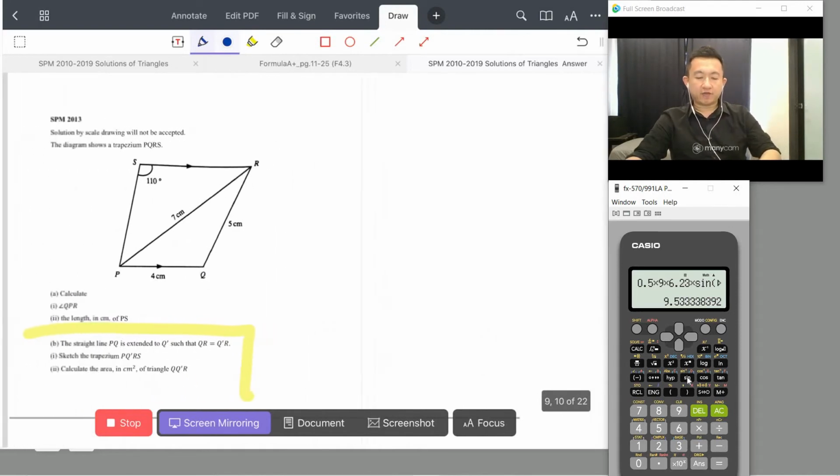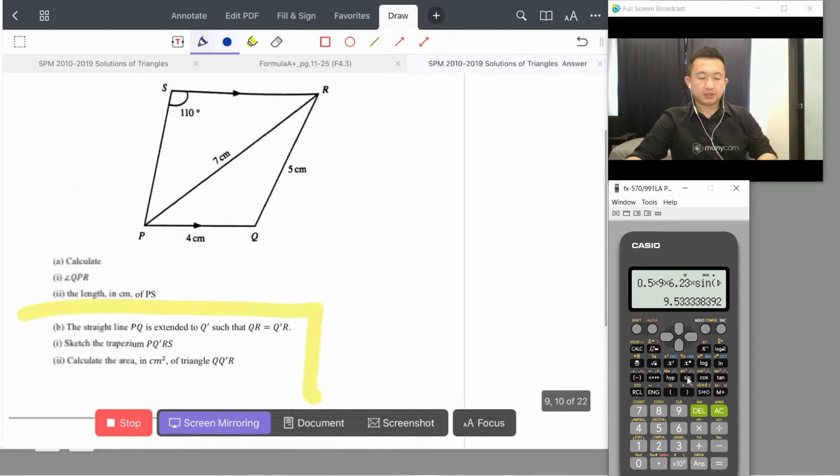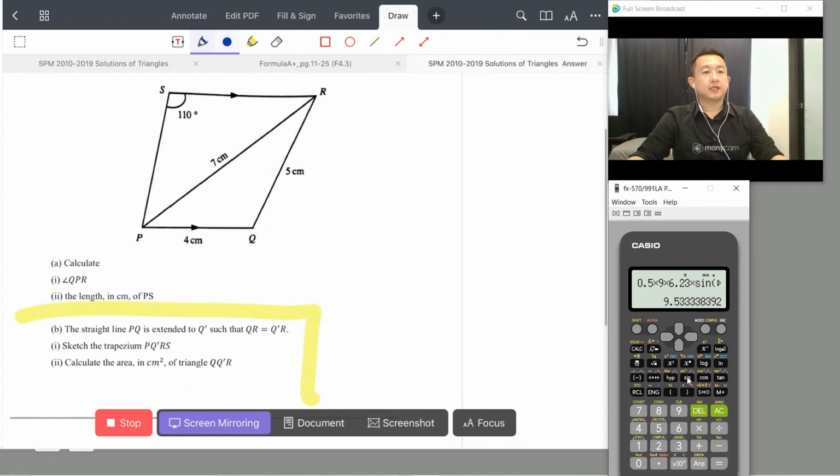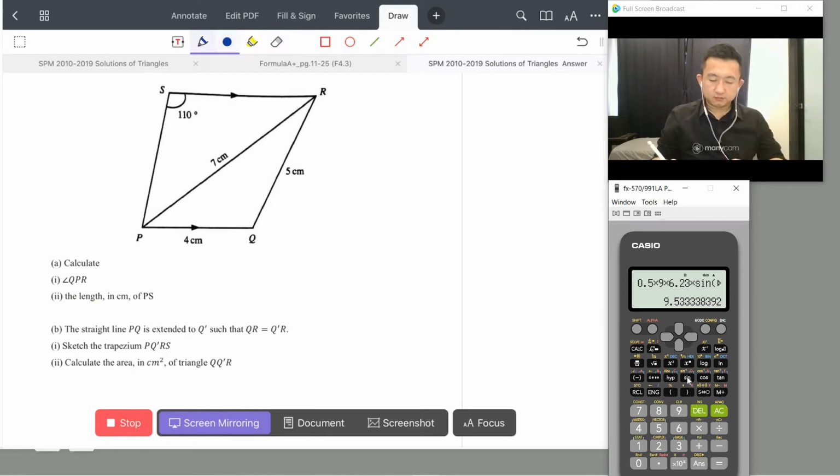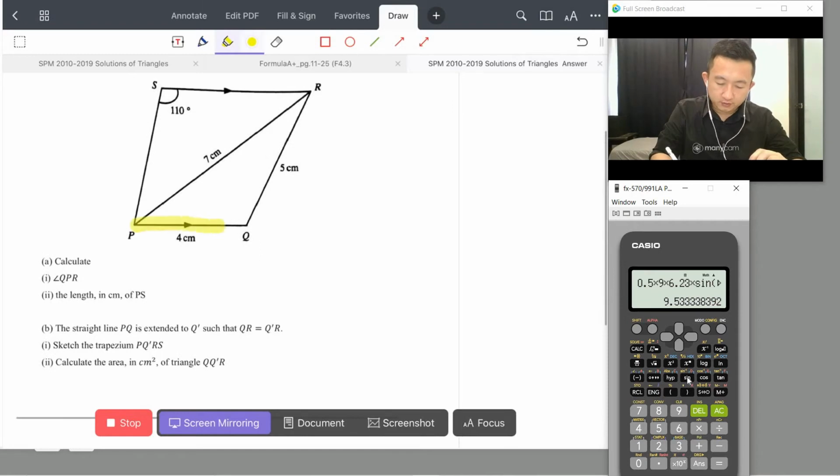2013, do we have an ambiguous case? Yes. Now pay attention to part B. The way of asking is different, but this is also a case of ambiguous. Okay, now let's have a look at the question. The straight line PQ, this one, is extended.